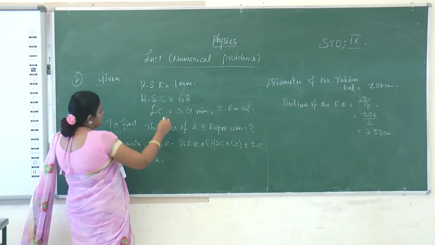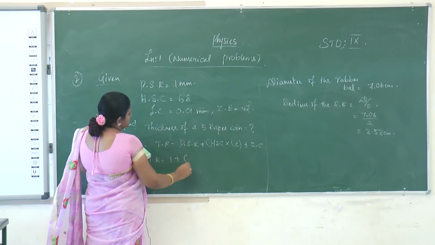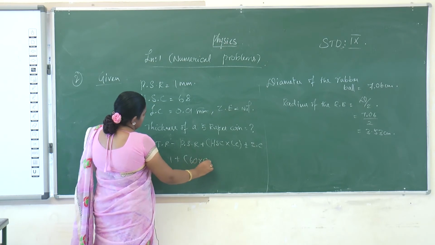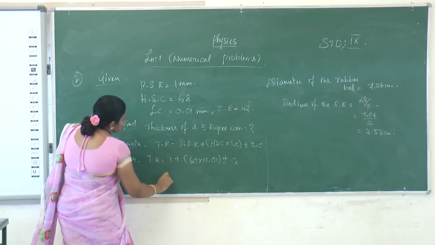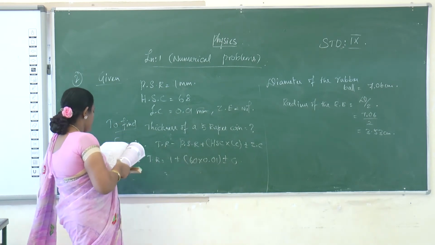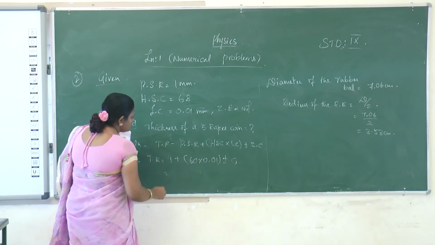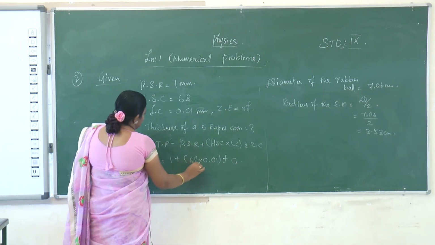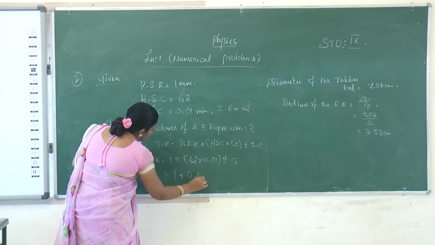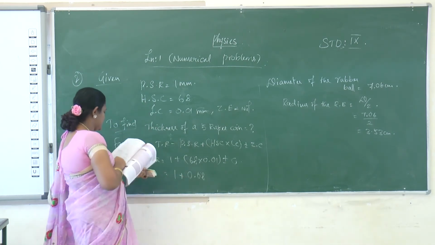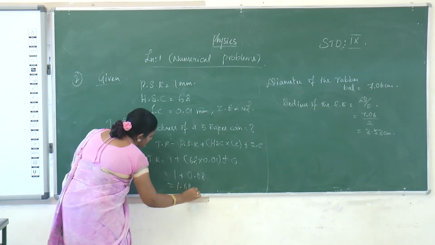Total reading is equal to the pitch scale reading, that is 1 millimeter, plus head scale coincident 68 multiplied with the 0.01 least count, plus or minus zero correction, which is 0. So 68 into 0.01 is 0.68. So 1 plus 0.68, that is 1.68 millimeter.